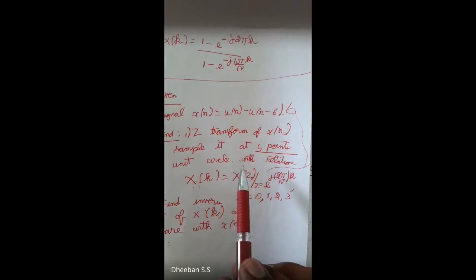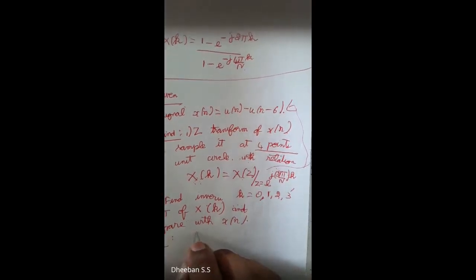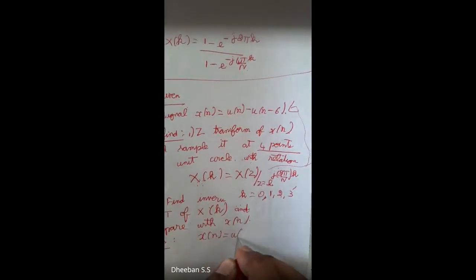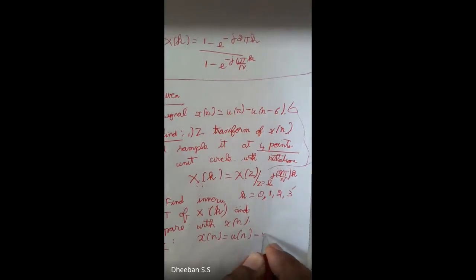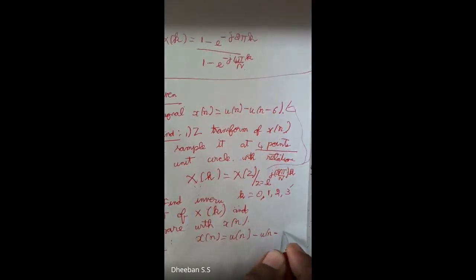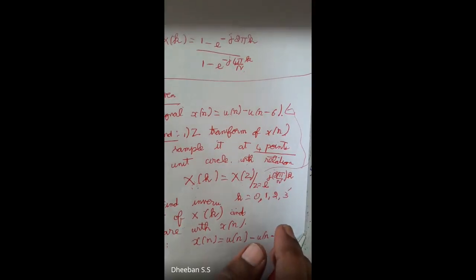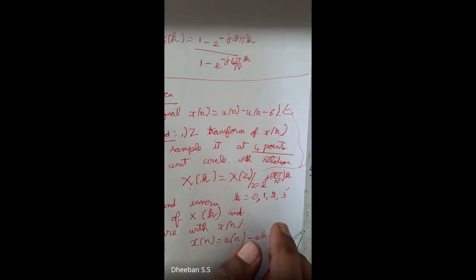Starting with this, you have to get a clear idea about your signal. Let's start. x of n they are giving is equal to u of n minus u of n minus 6.